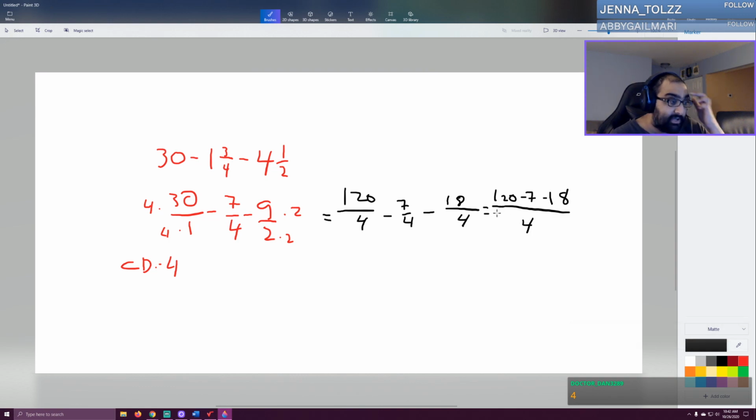Okay, so 120 minus 7, excuse me, minus 18. So we get 113, so that's going to be 95 over 4. So 95 over 4 is, what is 95 over 4 as a mixed number?